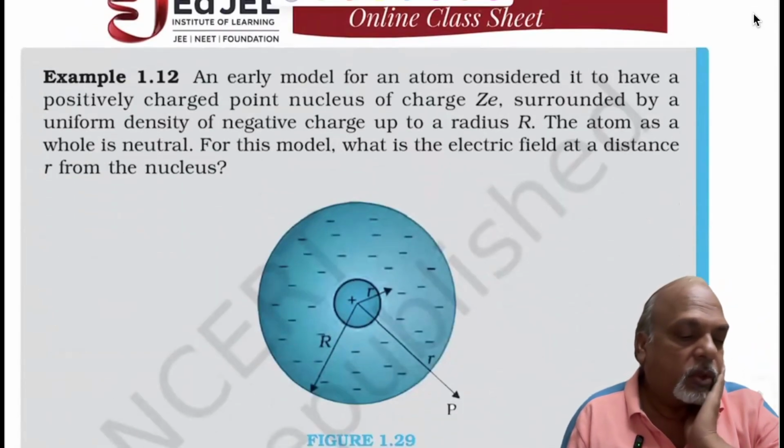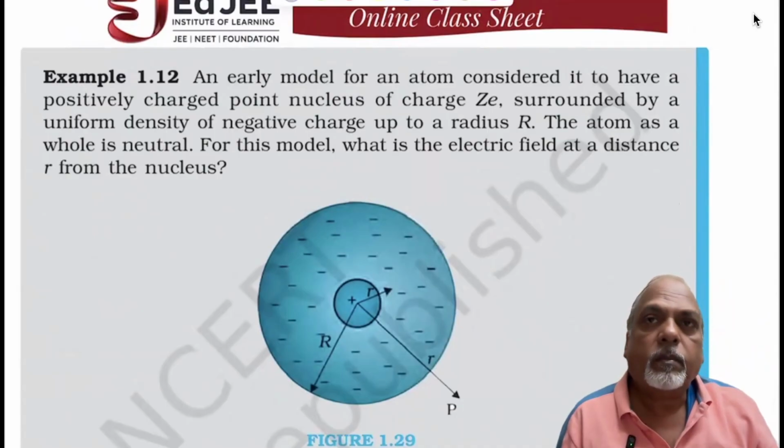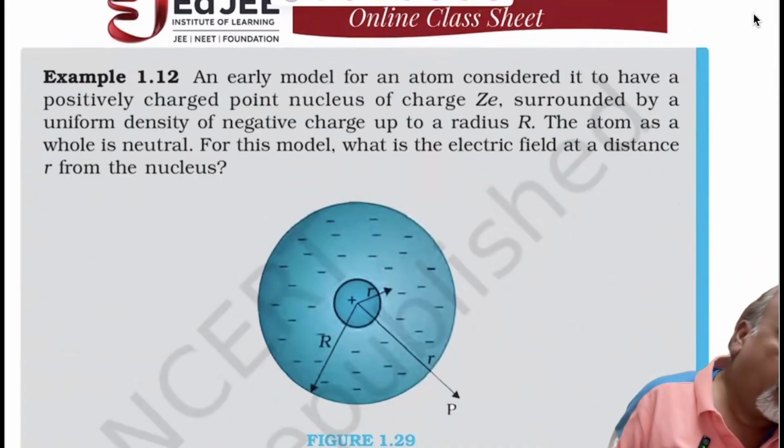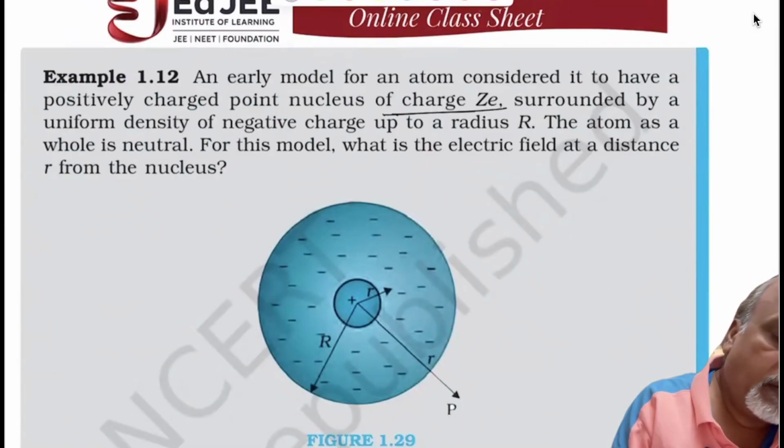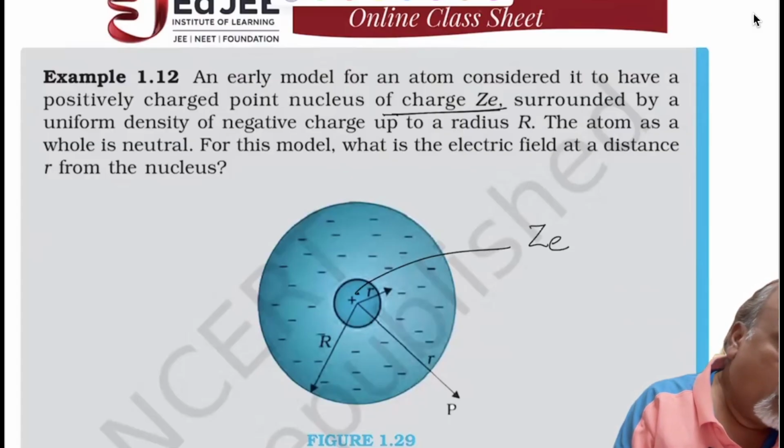Now let us do this question. It is related to your Gauss's law. An early model of the atom considered it to have a purely positive nucleus of charge Ze, surrounded by a uniform density of negative charge up to the radius R. The atom as a whole is neutral.